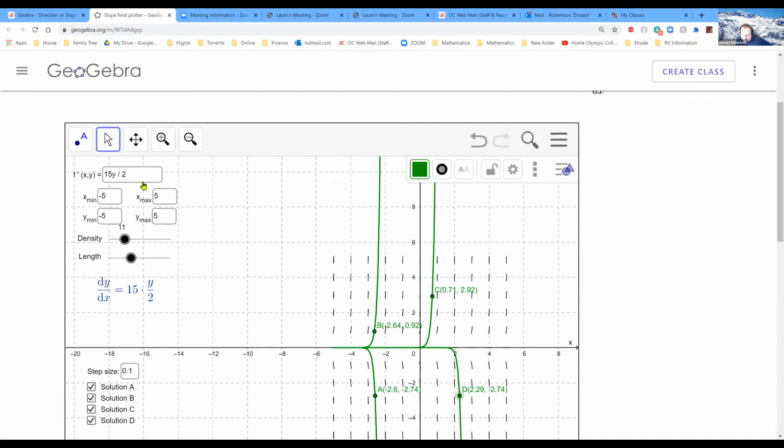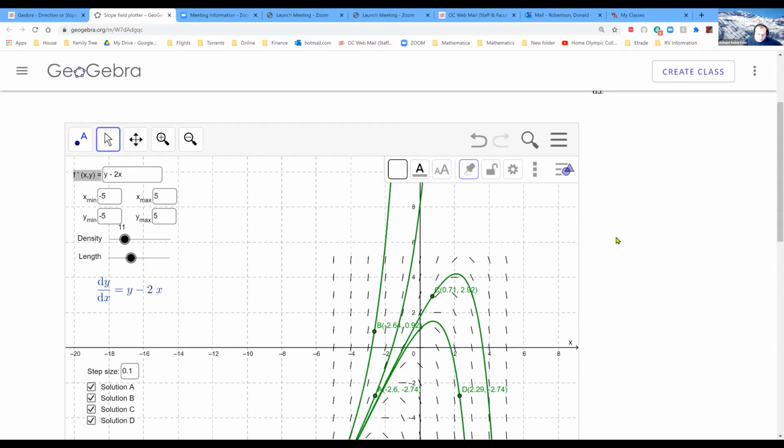Eventually, if this function becomes 0, won't the derivative be 0, and they'll just flatline along the x-axis? So that's why that one's doing that. Right, this is y minus 2x. So y minus 2x, boom, there's your guys.